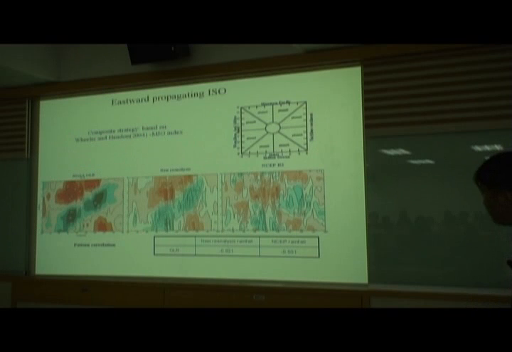This is a longitude-time section. We averaged 5 south to 5 north over the composite phases. This is each phase, 1, 2, 3, 4, 5, 6, 7, 8, and this is the longitude. So we can clearly see the NOAA OLR has an eastward propagating signal in the tropics.